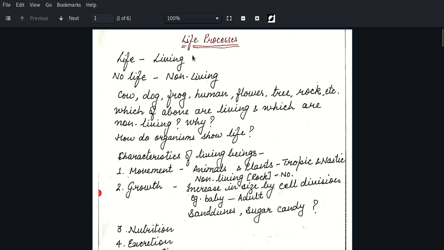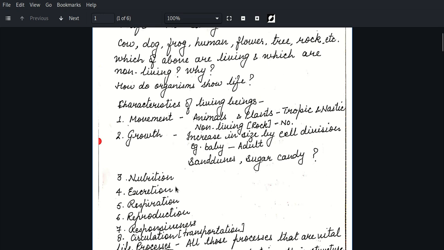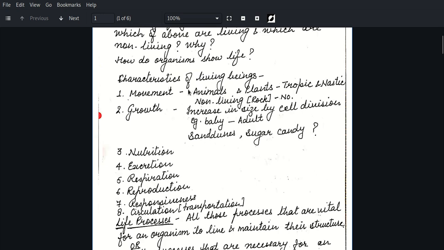So all living organisms have life, and those that don't have life are called non-living objects. There are many more characteristics of living organisms by which we can clearly say that living organisms are different from non-living. Along with movement and growth, nutrition.